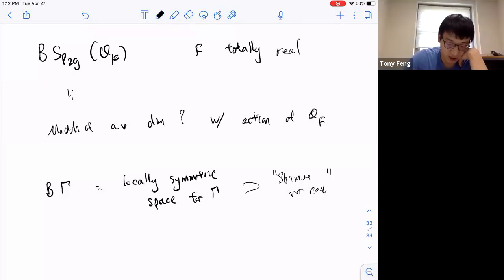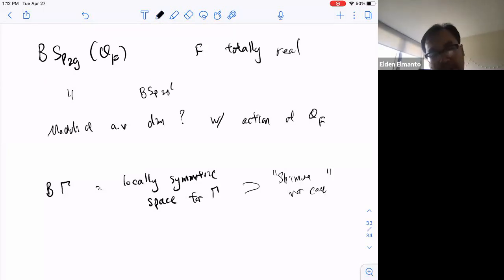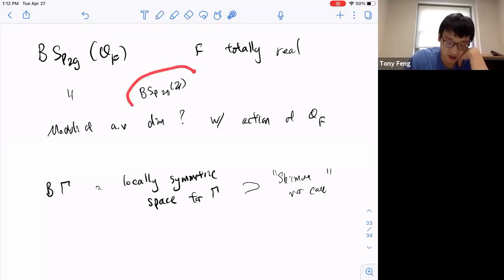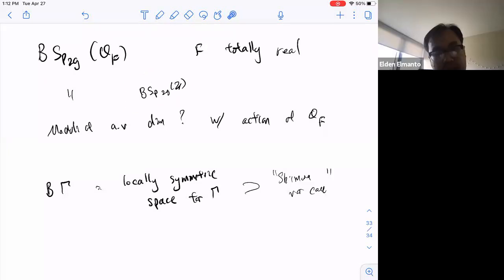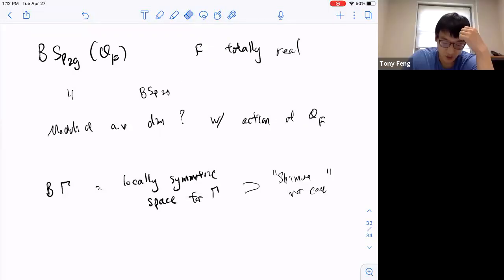Oh, you're saying there's also a stack called BSp_{2g}. Yes, there's a stack called BSp_{2g}, exactly. There is this stack as well, but it's definitely not this thing, and it's also not this thing.